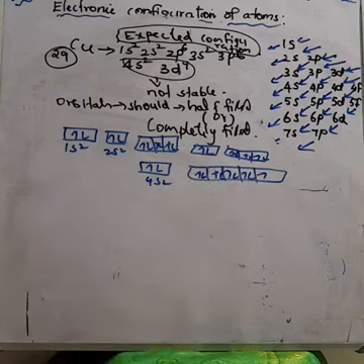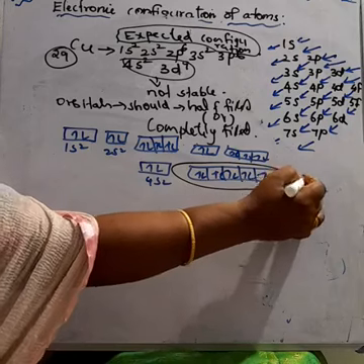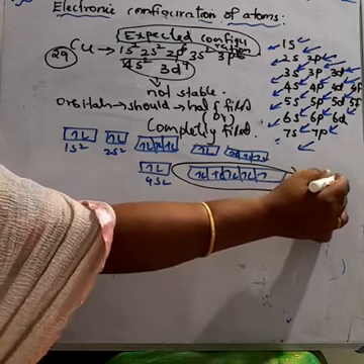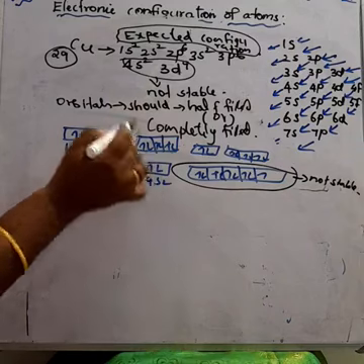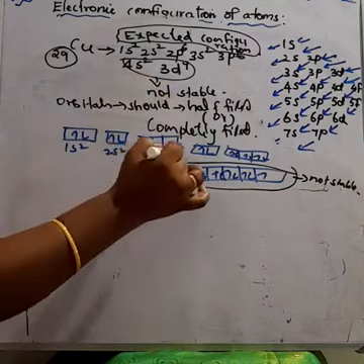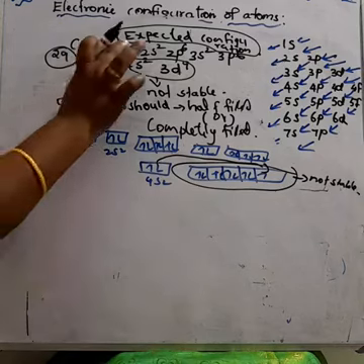Is it stable or not? This is not stable now, because it is neither a half-filled nor a completely filled configuration. So one electron from the s orbital is shifted to the d orbital, and then it will get the stable configuration. This is the expected configuration according to the Aufbau principle.